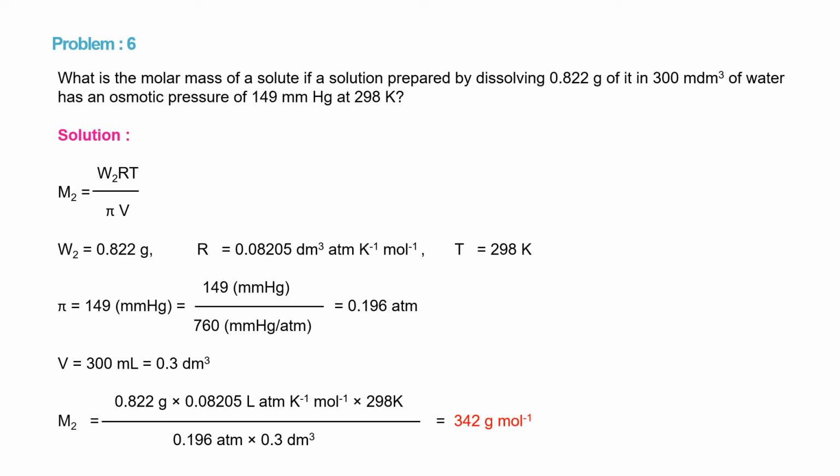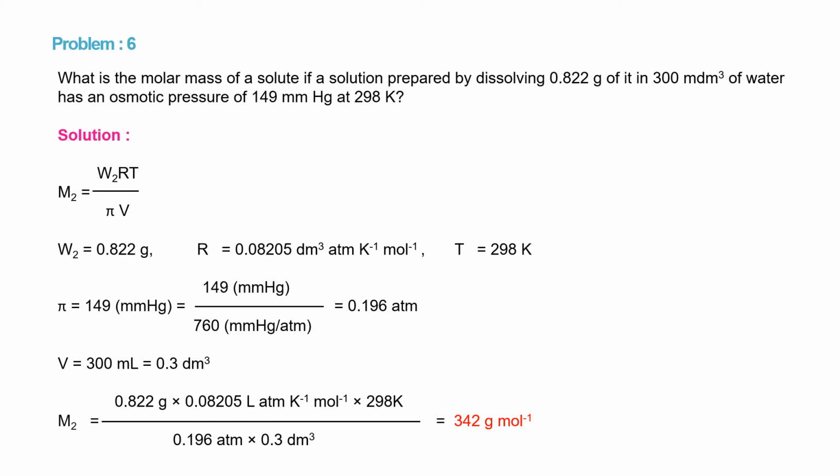In this case mdm cube is nothing but ml also, because dm cube is nothing but liter. So it is nothing but 300 ml of water, which has an osmotic pressure of 149 mm mercury at 298 Kelvin. So don't get confused, mdm cube is nothing but ml only.